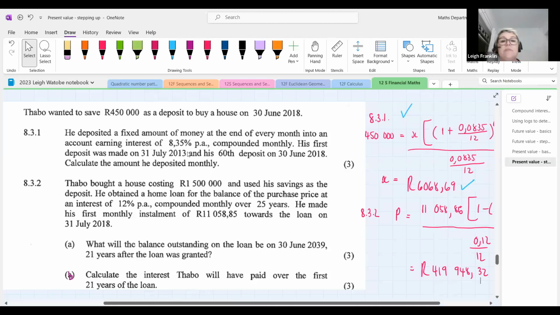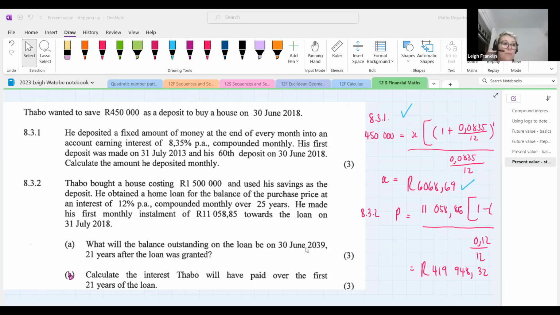Okay, but hang on a second. He makes his first payment at the end of July. Then they've asked, what will the outstanding balance be at the end of June? So if we went from July to July, that would be 13.